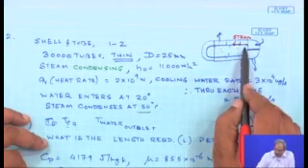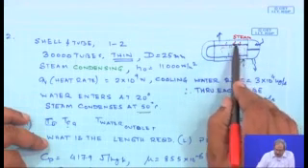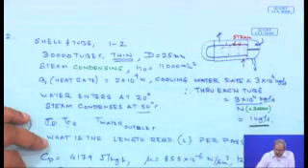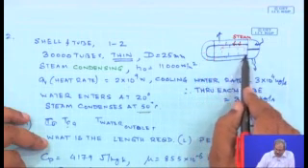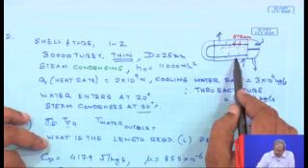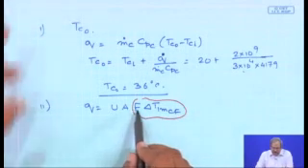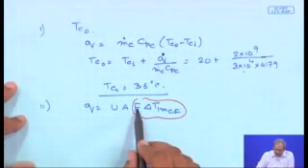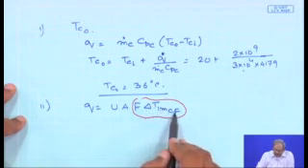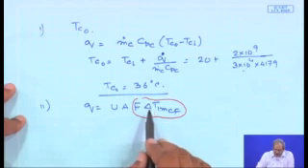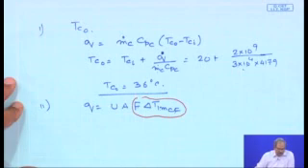If we assume that the flow is taking place like this, both the water and the steam are in the same direction, whereas the water changes its direction while coming back. So, it is not a case of pure counter flow or pure parallel flow. Therefore, this factor F, when multiplied by delta T log mean based on counter flow, would give me the actual temperature difference that is to be used in this formula.